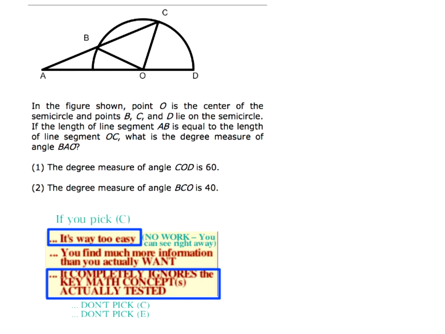Okay, let's discuss what happens if you pick C here. If you pick choice C, then that means this angle is 60. And you also know that this angle is 40.